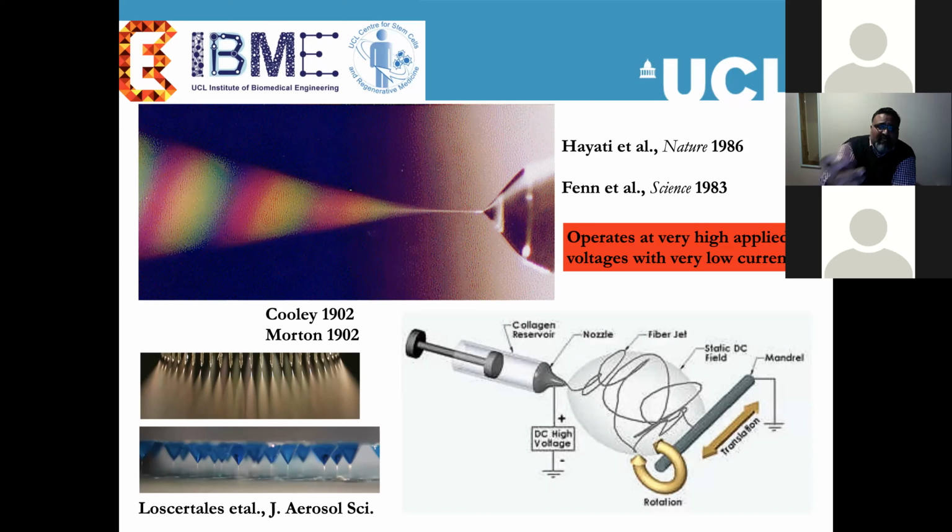What you see, the first image on top with the rainbow colors, is a chamfered needle having a liquid cone which emanates a jet from its apex and then breaks into a myriad of three-dimensional conical droplets, which you see as rainbow colored droplets. The message that you've got to take from this picture is you can see the inner bore diameter of the needle, and you can see the diameter of the jet.